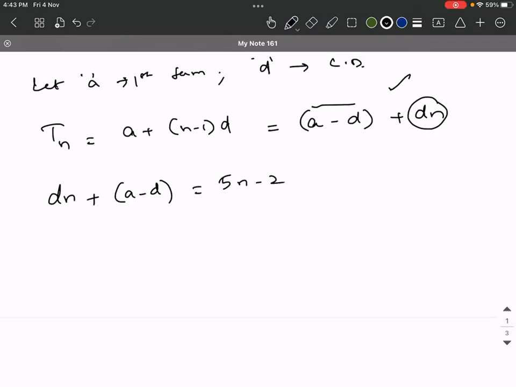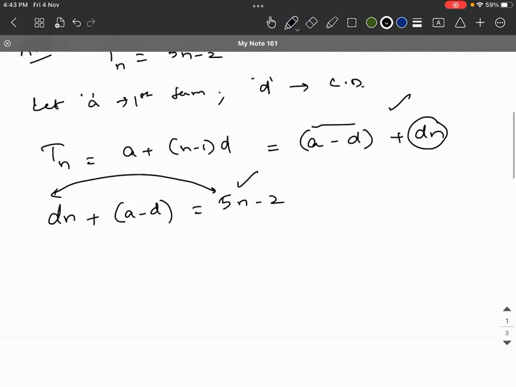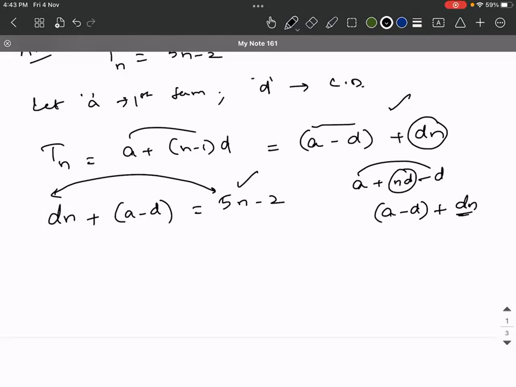Because this is the nth term and they told the nth term is 5n minus 2, right? So if I compare on both the sides, how did I get it as A minus D plus Dn? Open this, no? A plus nD minus D. So A minus D I treated as one term, Dn I treated as another term.